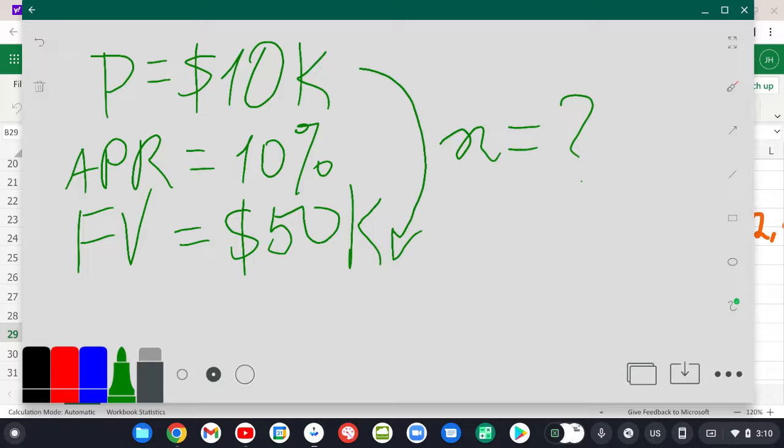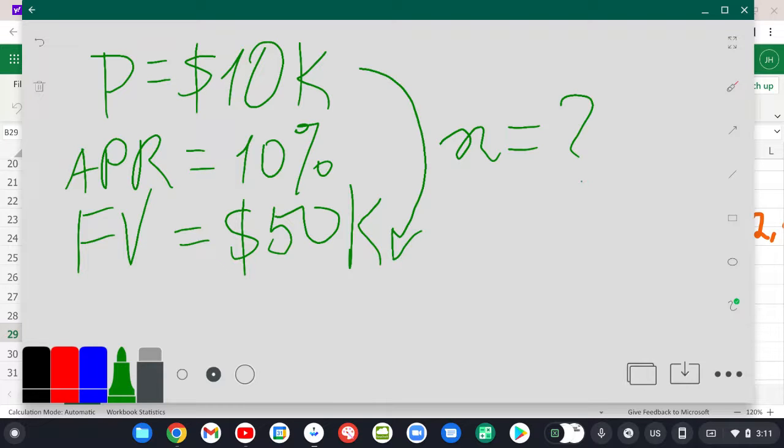But even with simple interest, if it is 100% every year, it will take 5 years. But thanks to compounding, it will take less than 5 years.